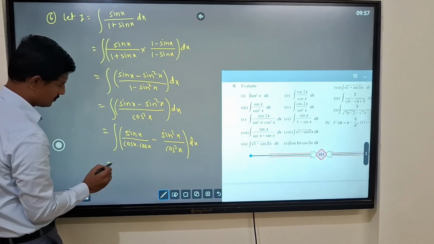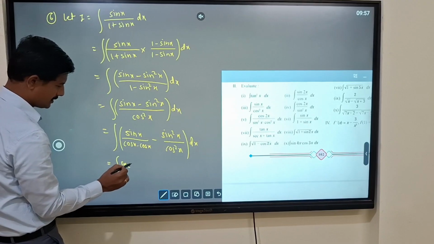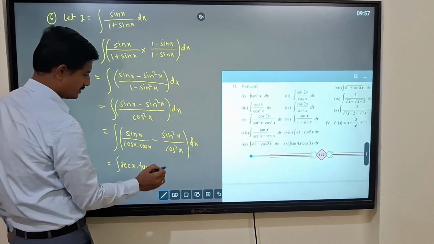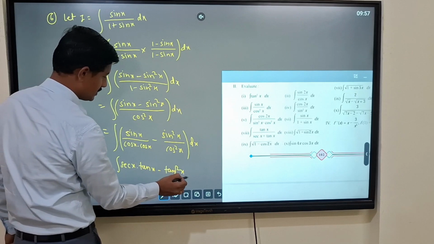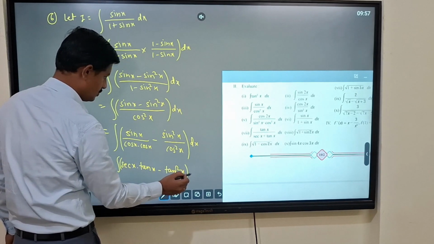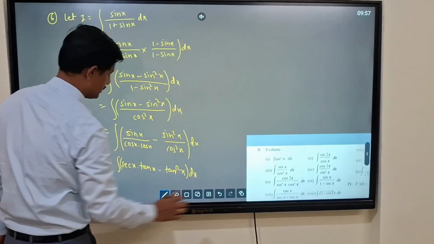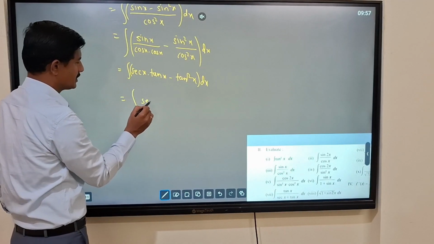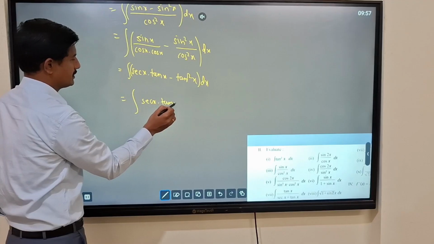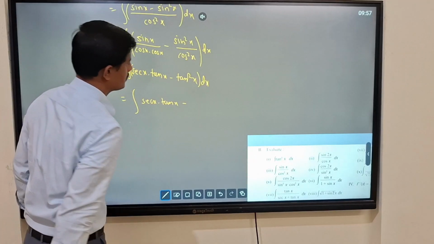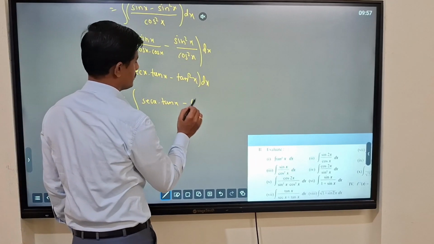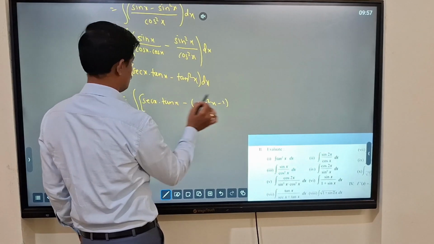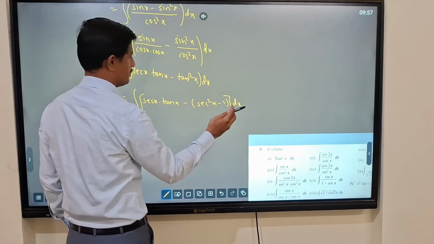So this becomes 1 upon cos x as sec x into tan x minus tan square x into dx. We will write tan square x as sec square x minus 1 into dx. Why?